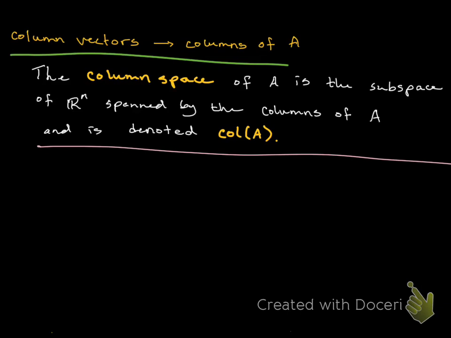So column space will be the subspace that's spanned by the columns of A, and row space is the space spanned by the rows of A.